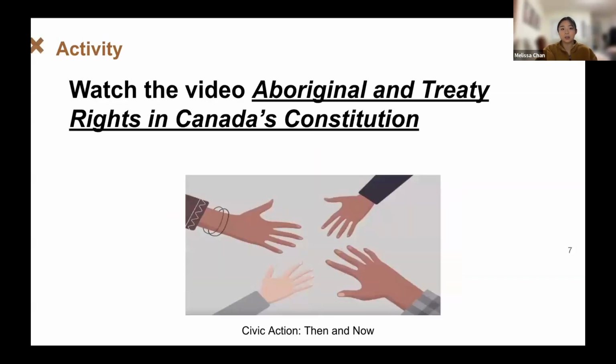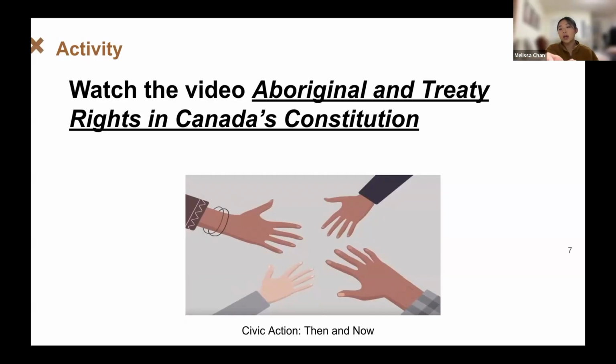Another case study that's available is Aboriginal and treaty rights in Canada's Constitution. I know it says Aboriginal, and I want to preface this by saying we know that's a term we no longer use, and we agree on that. However, the reason this case study is still called Aboriginal and Treaty Rights is because Aboriginal is the term used in our legal documents, and you will encounter it there.